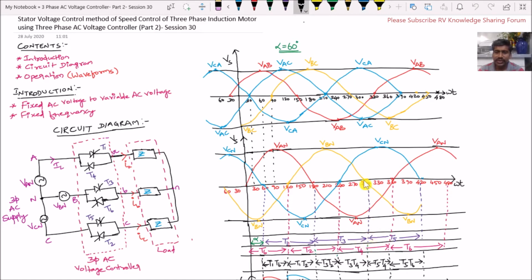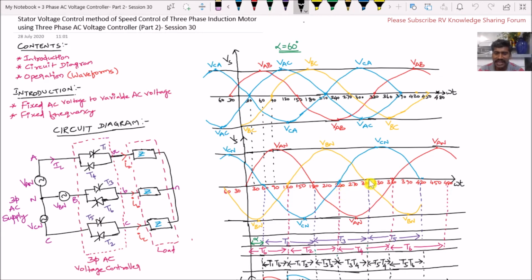Next to VBN, the phase voltage is VCN. This is the positive half cycle of VCN, and to it the thyristor T5 is connected. Therefore, thyristor T5 comes into conduction. This positive half cycle of VCN starts at 240 degrees, so from here we have to leave the firing angle of 60 degrees.